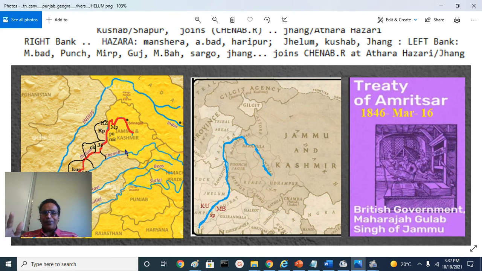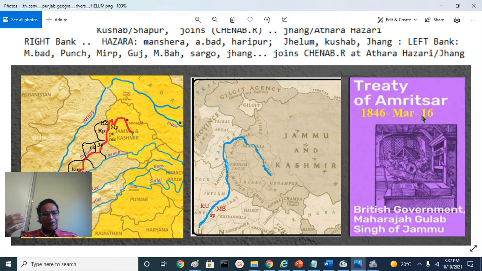This document, the Second Treaty of Amritsar, was signed on 16 March 1846 between Raja Gulab Singh Dogra at that time and the British representative Frederick Currie. No courtiers of the Khalsa Darbar at Lahore were involved. This is a one-to-one independent treaty.